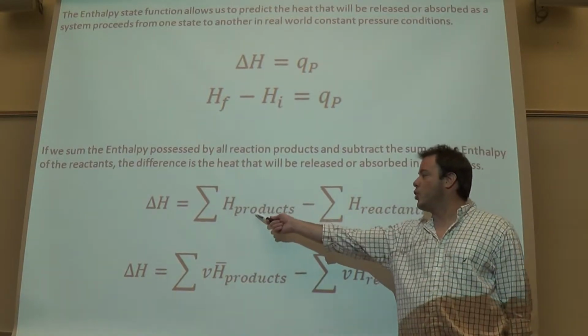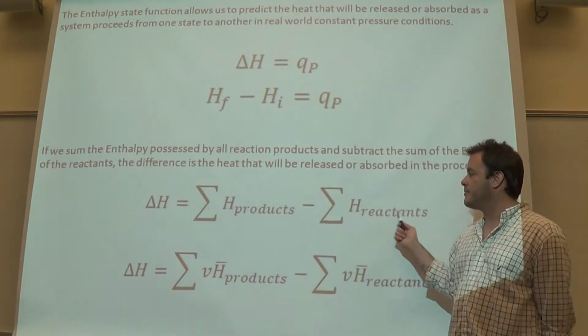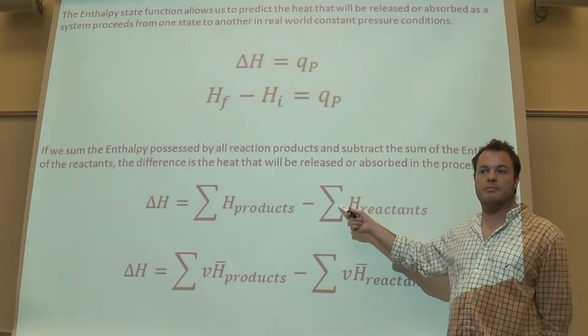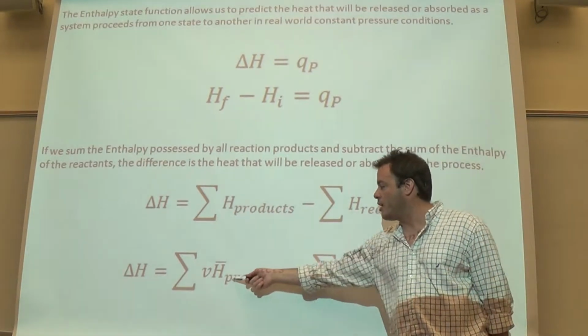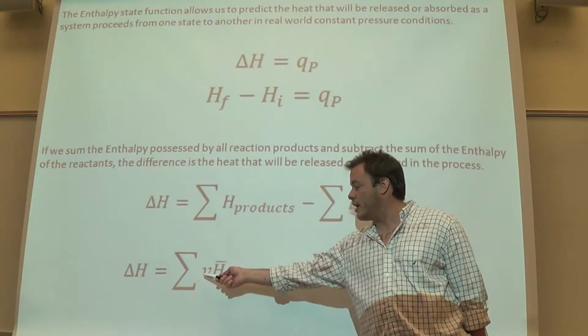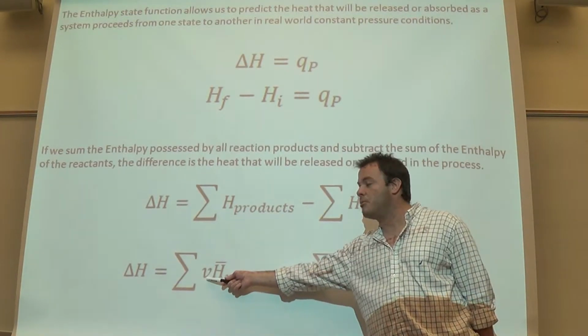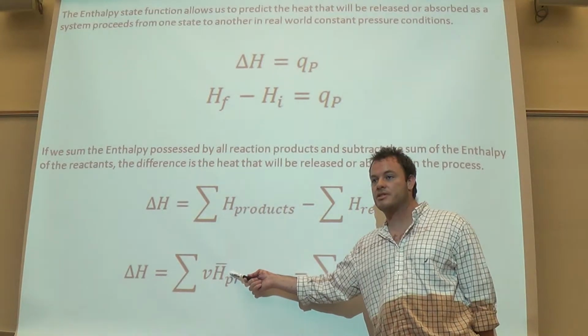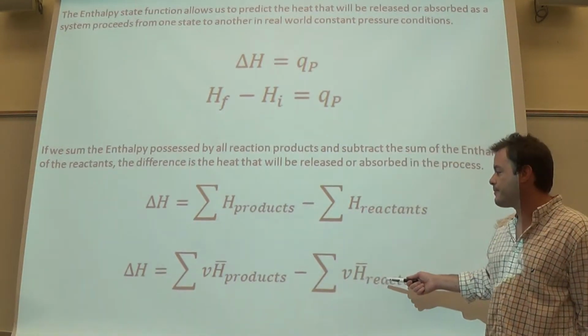here saying the total enthalpy, right? And that includes multiplying those by however many moles we have. But now if we want to speak in terms of a partial molar enthalpy, we put that bar there, and now we say that the total enthalpy is the number of moles times the amount of enthalpy per mole of that substance, right?